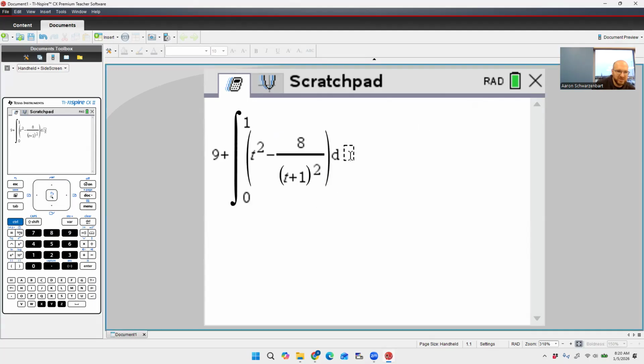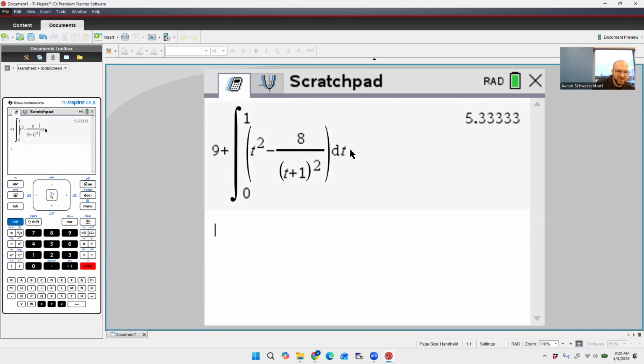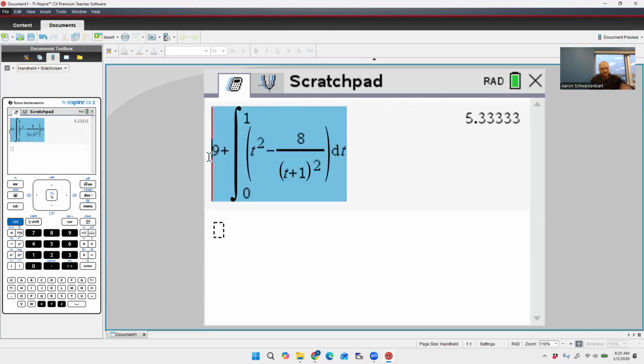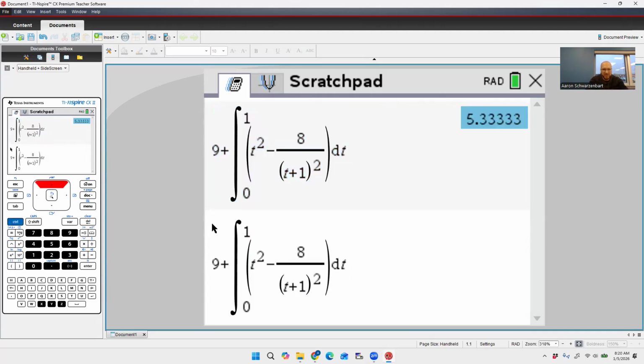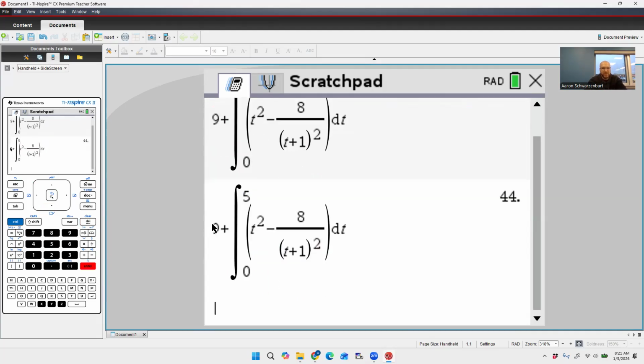Doesn't matter. It's at position 5.33. If I wanted it at 5 seconds, and copy and paste, all I have to do is change the upper bound. It's now at position 44.